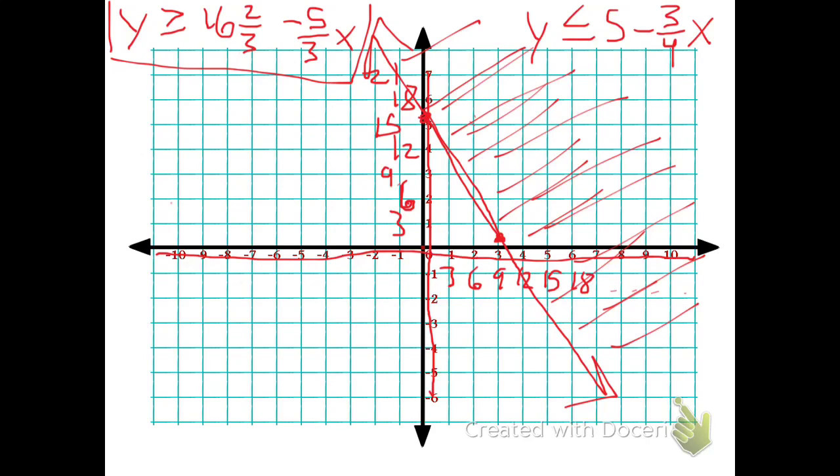Okay. And now we're going to graph the other one. I'm going to do that one in blue. It has a y-intercept of 5, which is just a little bit less than 6. And it has a slope of -3/4, so I'm going to go down 3 as I go right 4. So we go down 1, 2, 3, right 4. We get a point right there-ish.